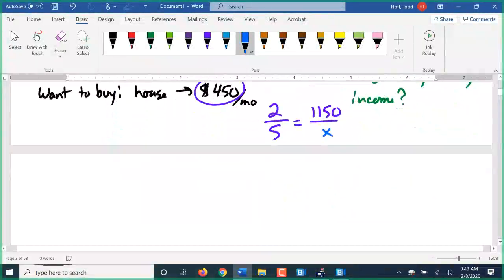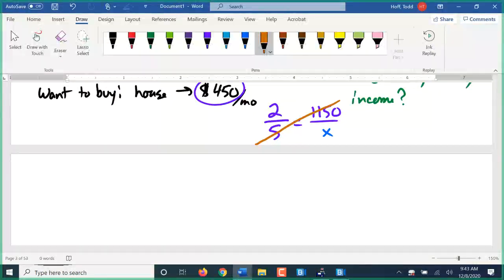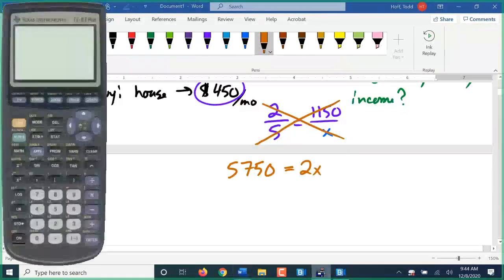So we do our cross products here. $1,150 times 5 is what? $5,750. And 2 times X is 2X. I'll double check that. 1,150 times 5 is $5,750.